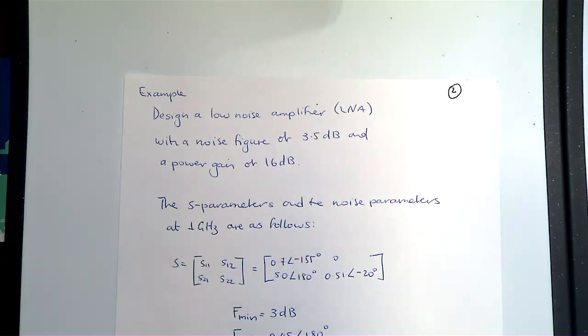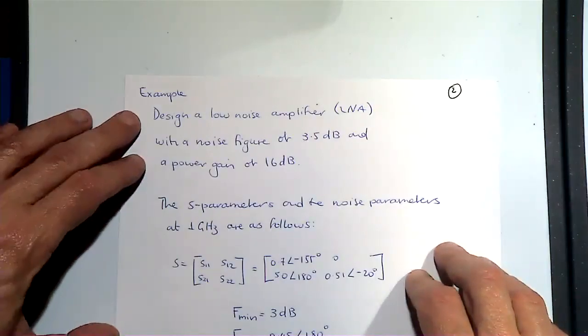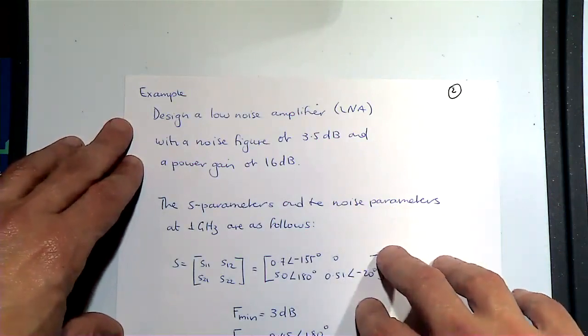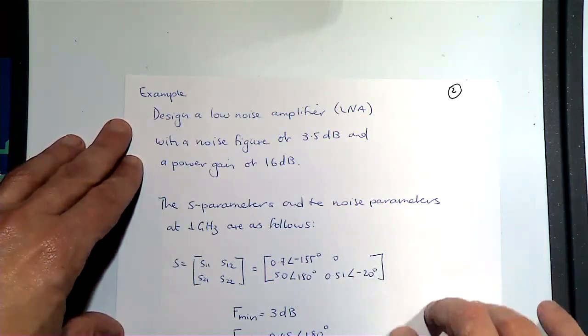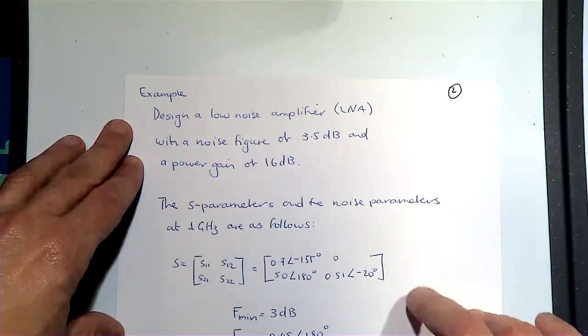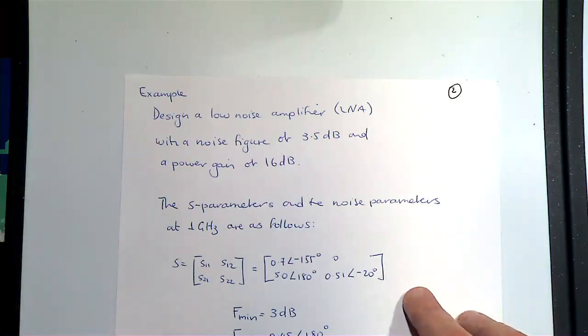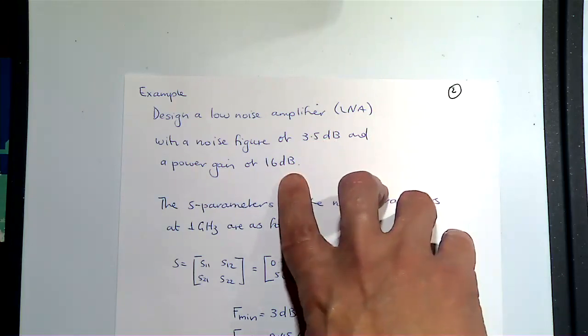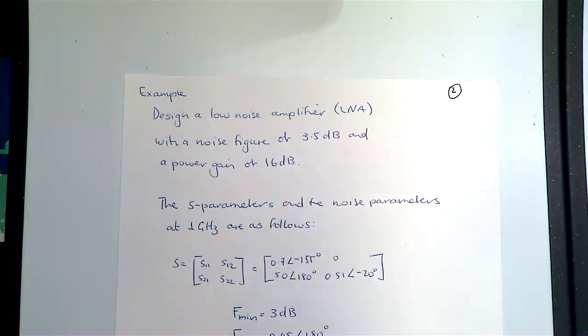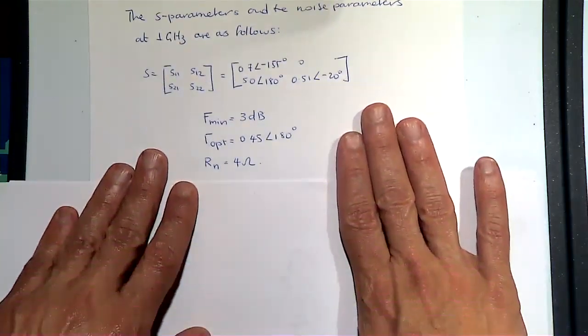And you were told, you've got this transistor which has these scattering characteristics after you've biased it. And what I want you to do is build for me a low noise amplifier which has a noise figure of 3.5 dB and a power gain of 16 dB. What would you do? What is step number 1?